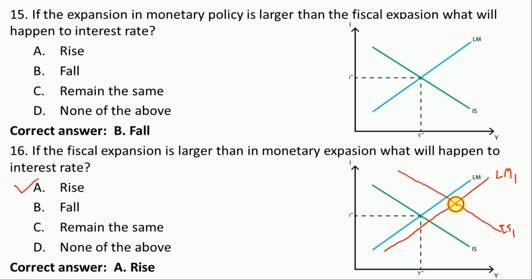Now the equilibrium point will change from E to E1, and from here when we draw the line, we can see the rate of interest is going to rise from I to I2. It means as there is more fiscal expansion than monetary expansion, the rate of interest will definitely rise. So the correct answer is A.